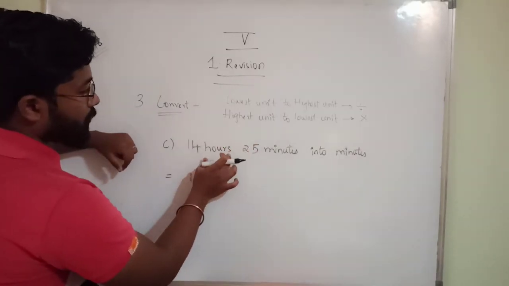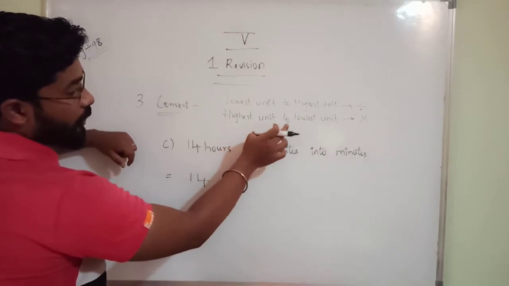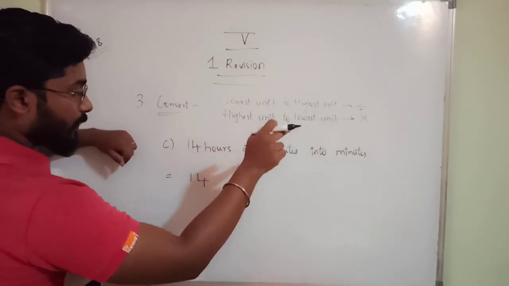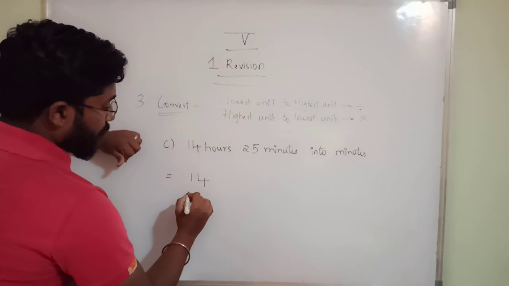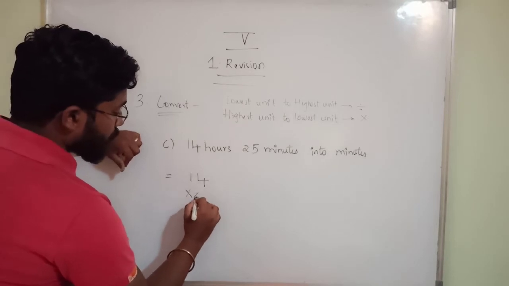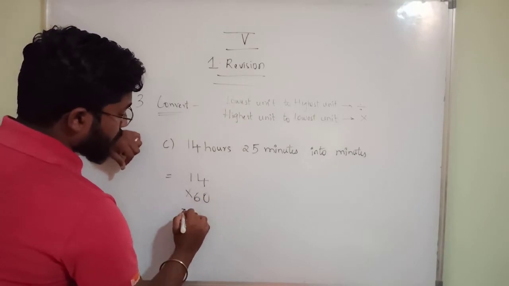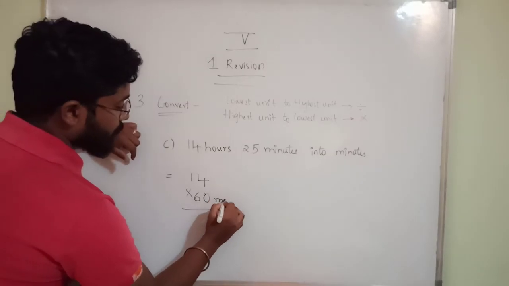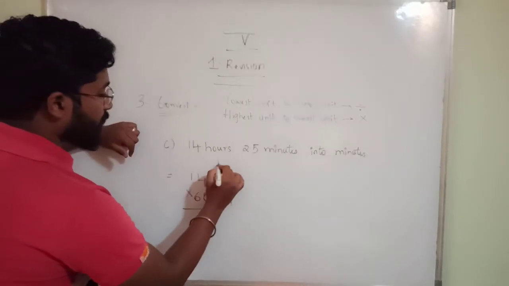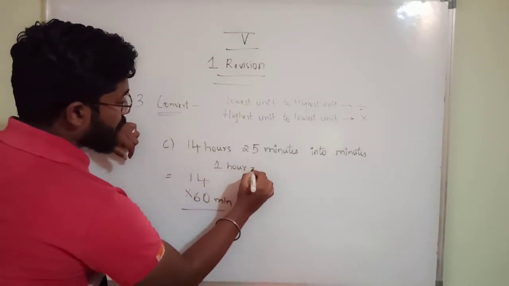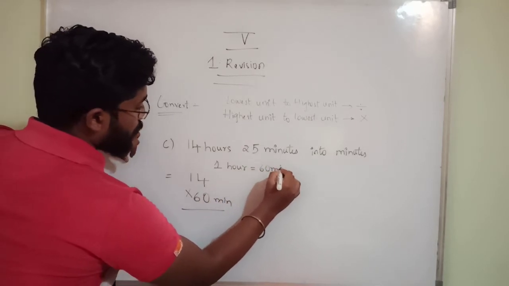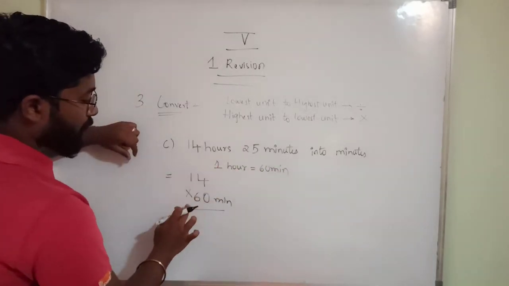Here hours you have to convert into minutes. Highest unit to lowest unit. What do you have to do? Multiplication. So 14 hours means 14 into 60 minutes. 1 hour equals how much? 60 minutes, no?